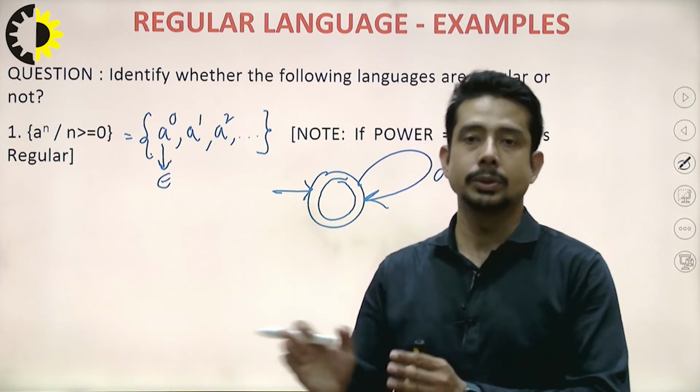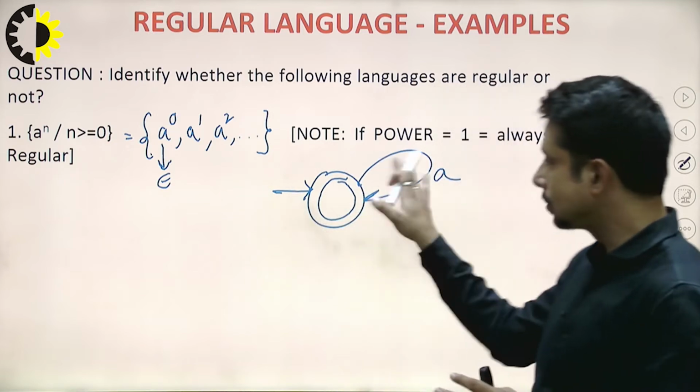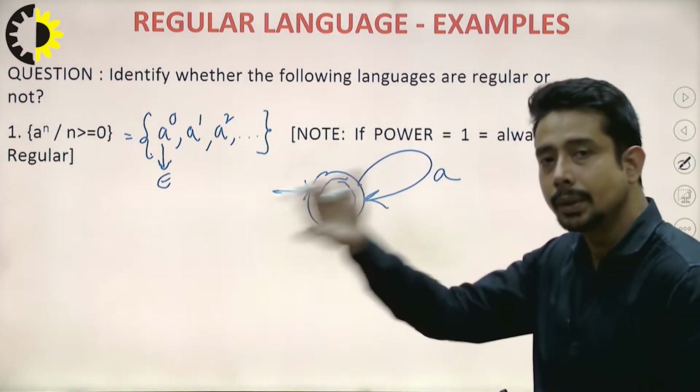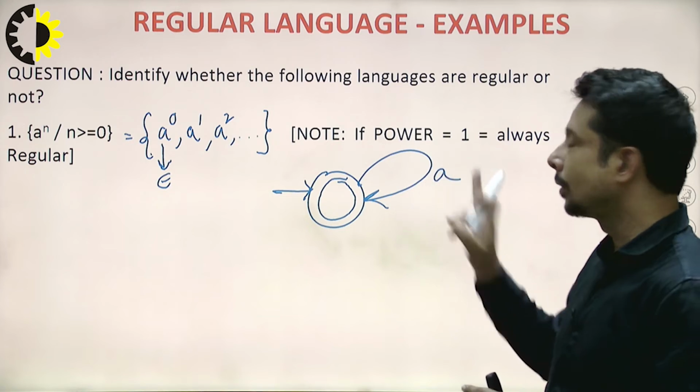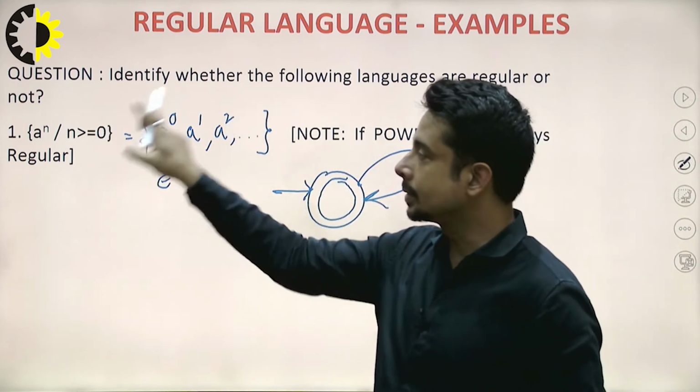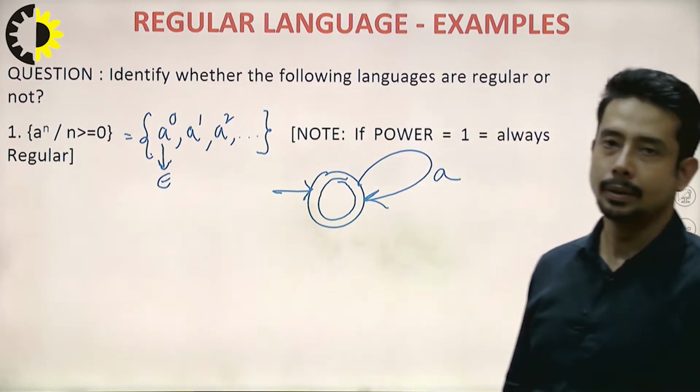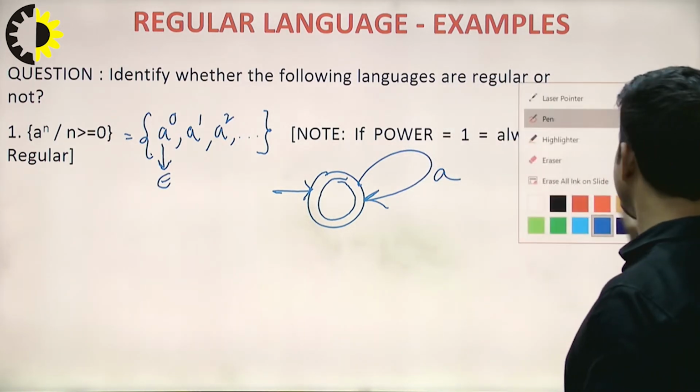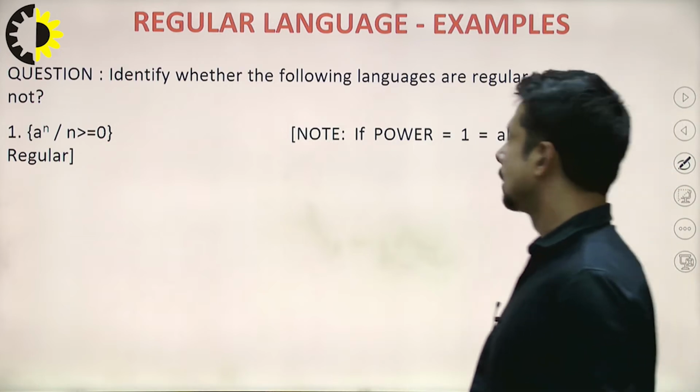That time the concept of memory comes. Here there is no concept of memory. It is just simply running the machine with a loop of a. That's it. So if we can design a finite state machine for this language, then this language is a regular language.